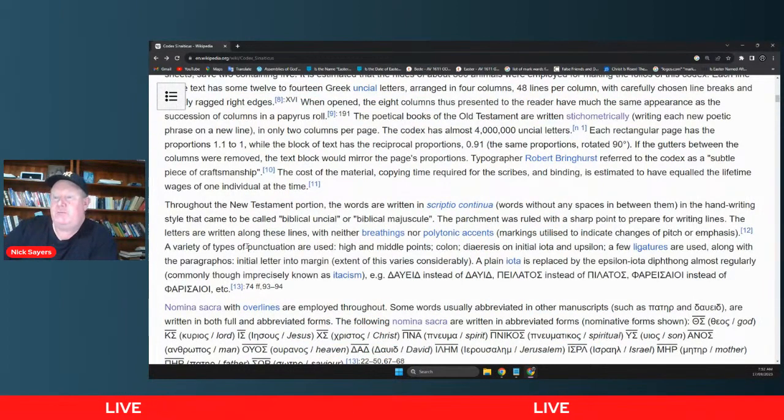A variety of types of punctuation are used. So in other words, what it's saying here is this text is in early Greek, so it doesn't have these type of marks. What we saw in the Byzantine era is that all these type of breathing marks and accents came into play, and so all the words of the Bible were written with certain marks on them to show what stress you would have put on certain words.